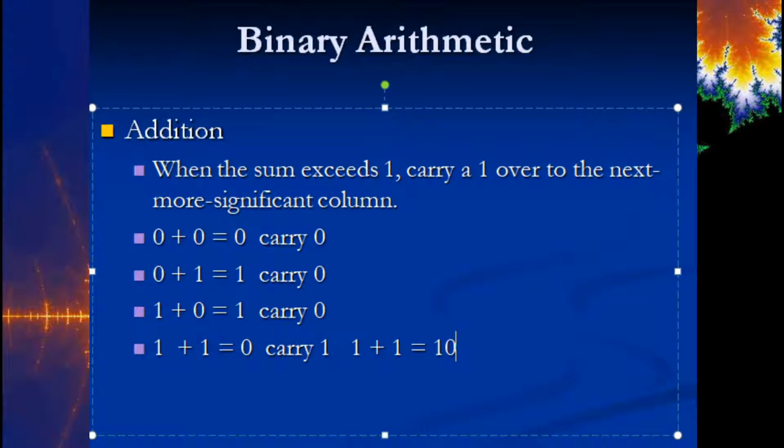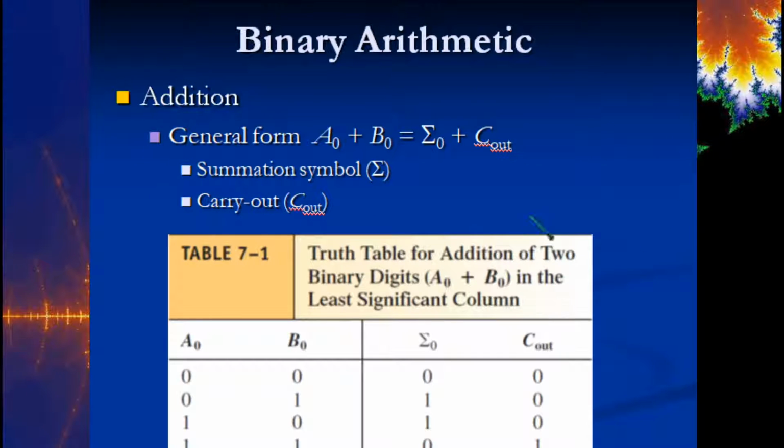All right? So here we go. And here's how you could say this. You could say that here's the summation and then the carryout. Right? Here's the summation digit, I guess, in this case, and then the carryout. And so there's only one in the addition. Okay? And that's just two binary digits added together.